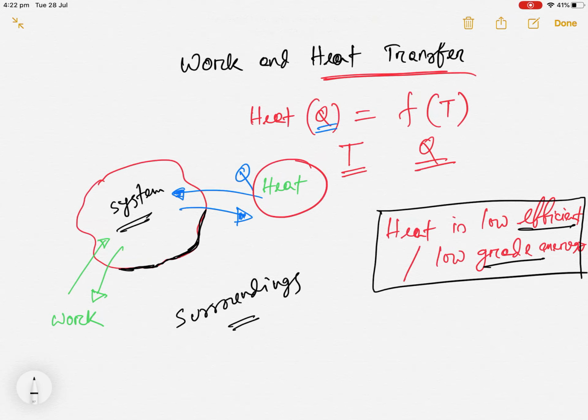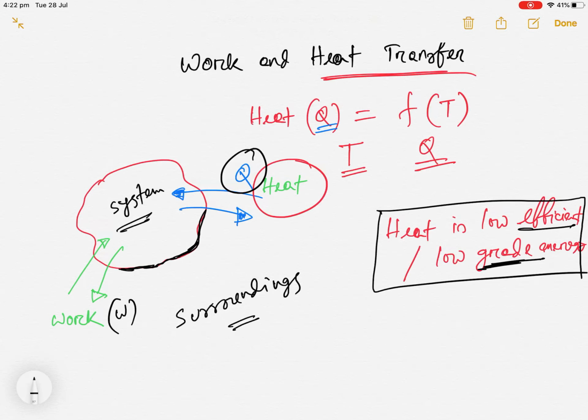So if we define heat as Q and work as W, we said heat is low grade energy. That means we will never get 100% of the heat as 100% work. If we supply 100% heat into a system, we will never get 100% work.